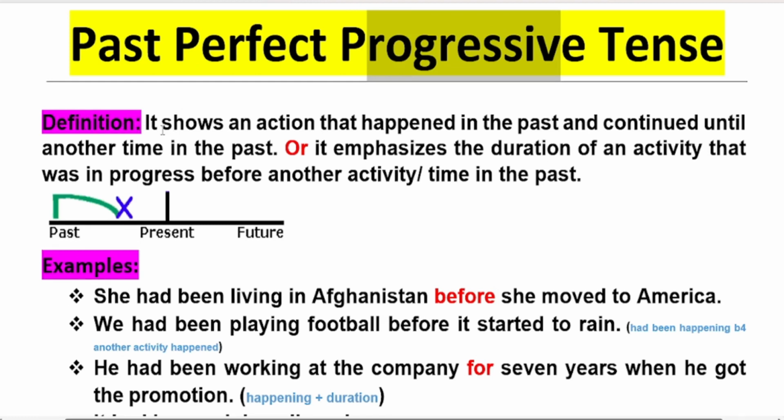Past perfect progressive tense shows an action that happened in the past and continued until another time in the past.